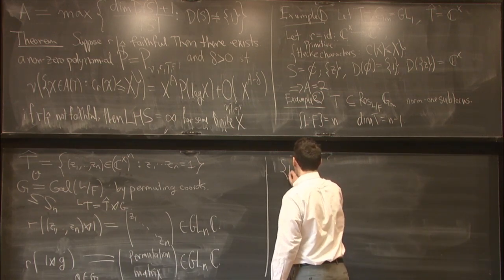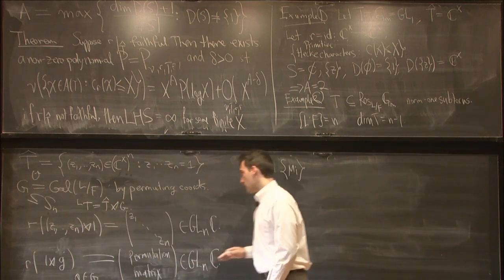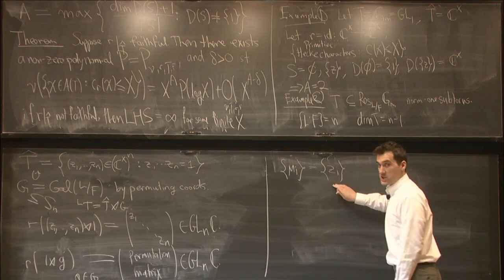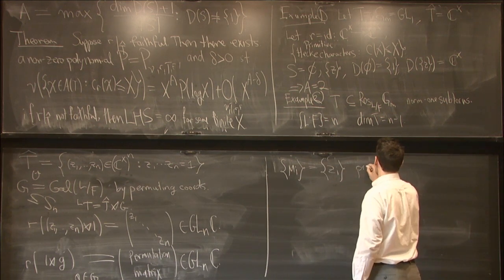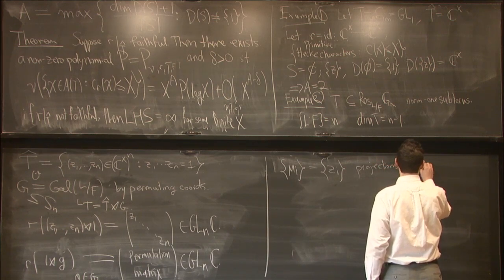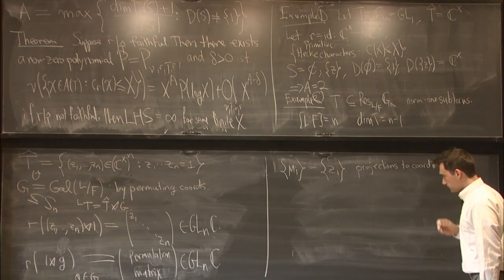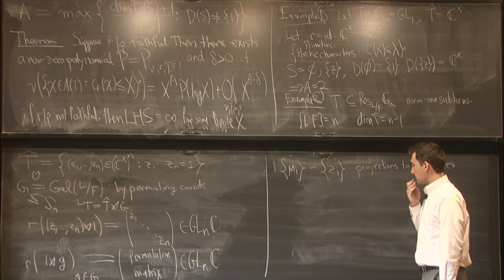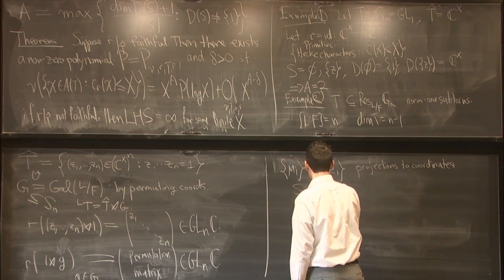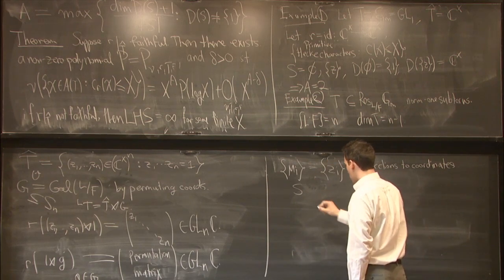OK, so what are the co-weights? The set of co-weights if I restrict to T hat, they're just the set of, so I'll write Zi, these are projections onto coordinates. S is a subset of these.